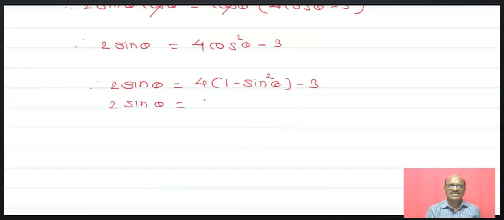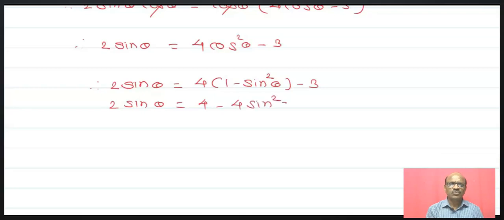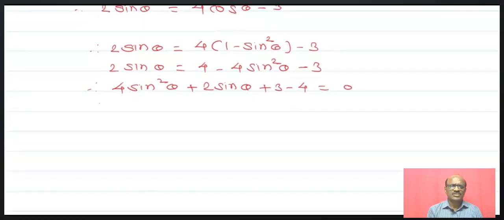And simplify this. You will get the quadratic equation in sin theta. That is 2 sin theta is equal to 4 minus 4 sin square theta minus 3. That is 4 sin square theta plus 2 sin theta plus 3 minus 4 equals 0.